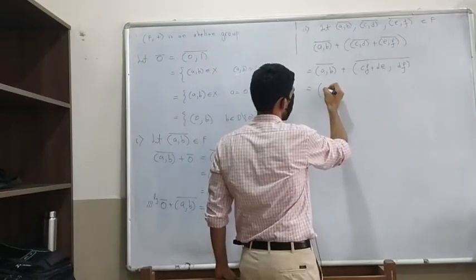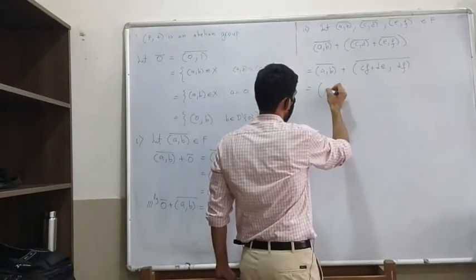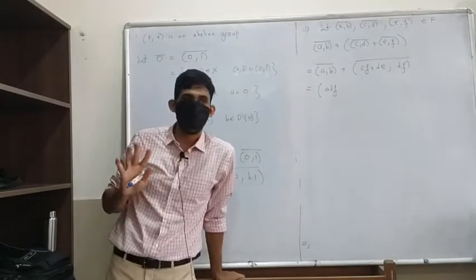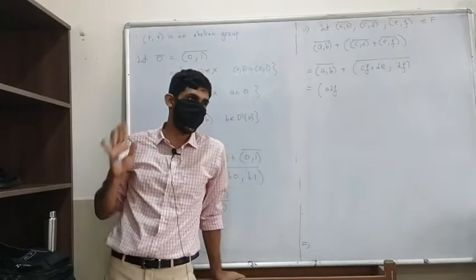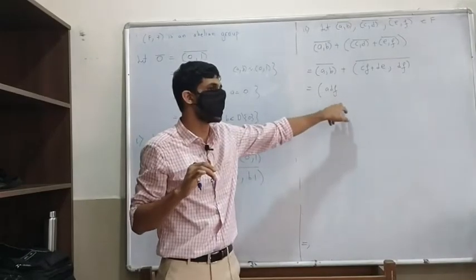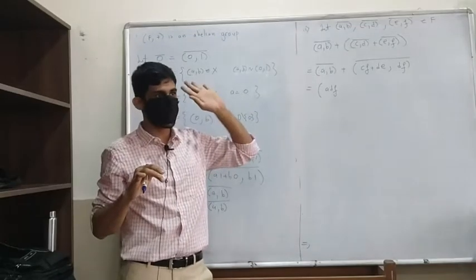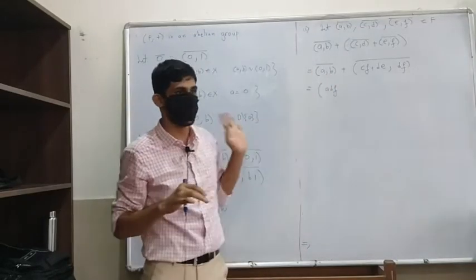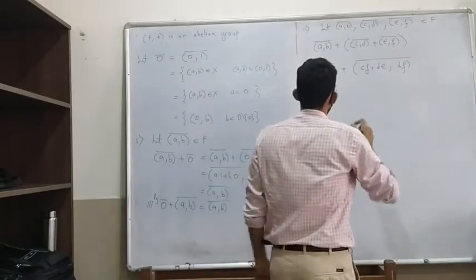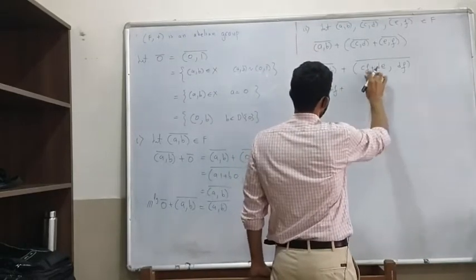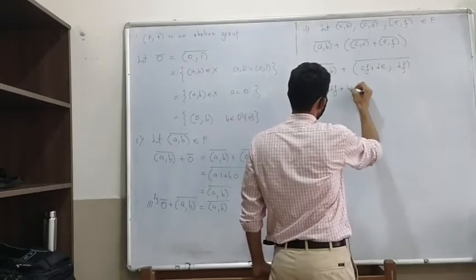You will get adf, right? I know that the multiplication and addition operations in D, these are elements of D, are all associative, so I'm not bothered about putting the brackets here. Plus this time this will give me bcf.